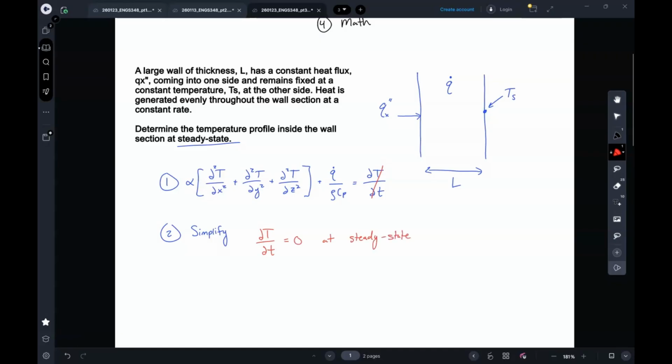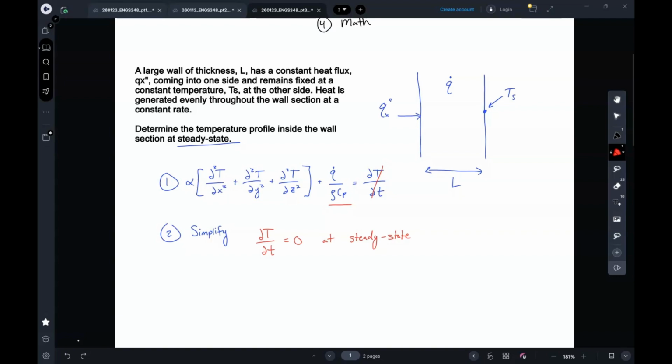So a common thing that we're going to do, because we're often going to do steady state stuff, eventually we'll get to non-steady state. This next term, density and heat capacity are just numbers. So what we're really asking is Q dot 0 or not 0. And in this case, we're actually told about heat being generated throughout the wall section. So unfortunately, or fortunately, Q dot is not 0. So we have to leave that one here.